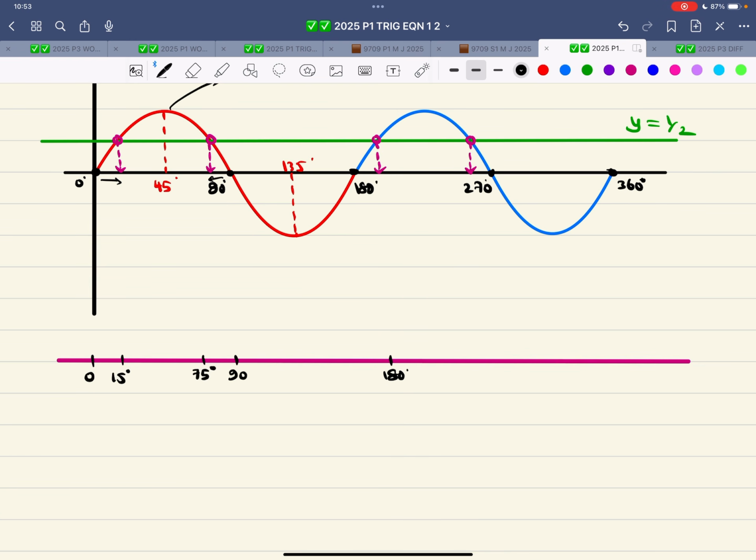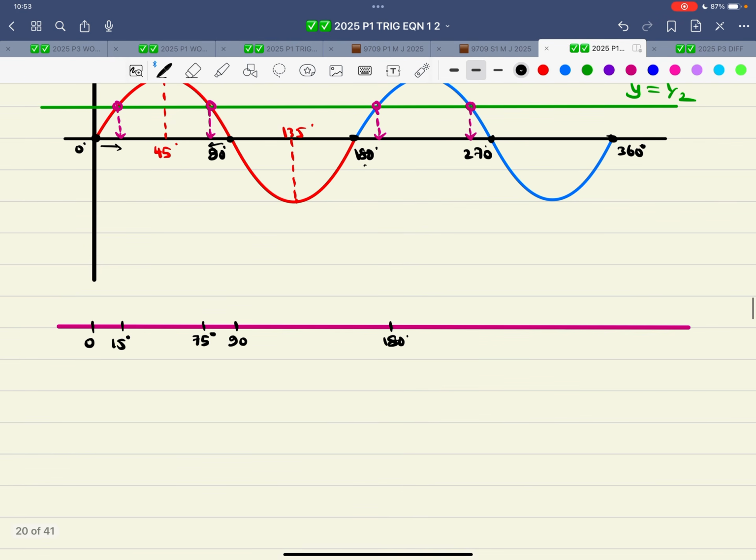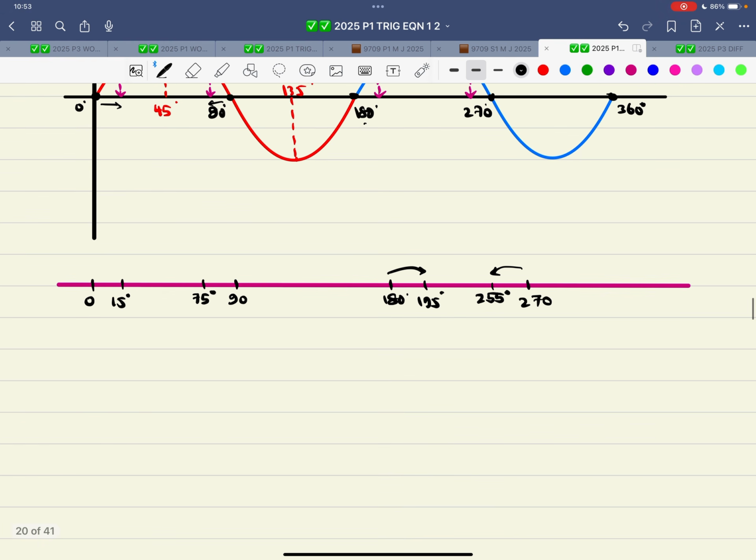Similarly, over here, again, this is 180 and 270. So let me focus on 180. Let me focus on 270. And again, there is a difference of 15 degrees and 15 degrees. So this is 195 degrees and this is 255 degrees. So there will be 4 solutions over here. Which 4 solutions? 15 degrees, 90 degrees, 195 degrees, 270 degrees. 15 degrees and not 90, my bad, that is 75.